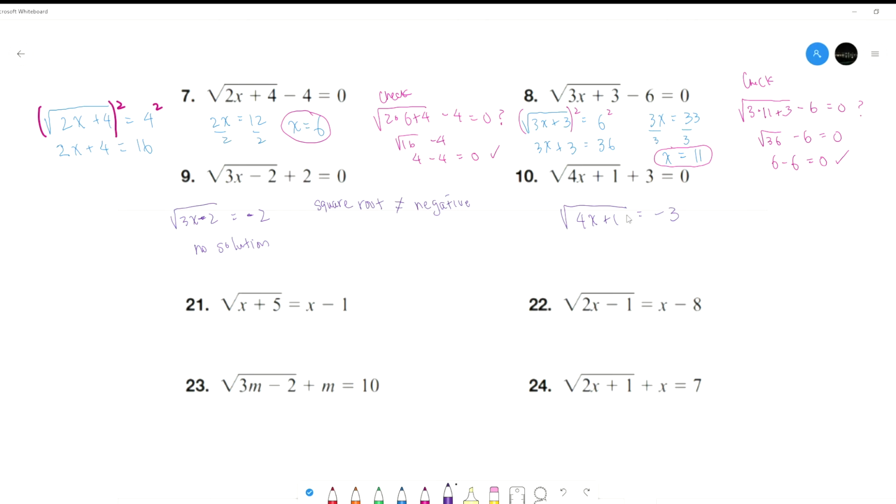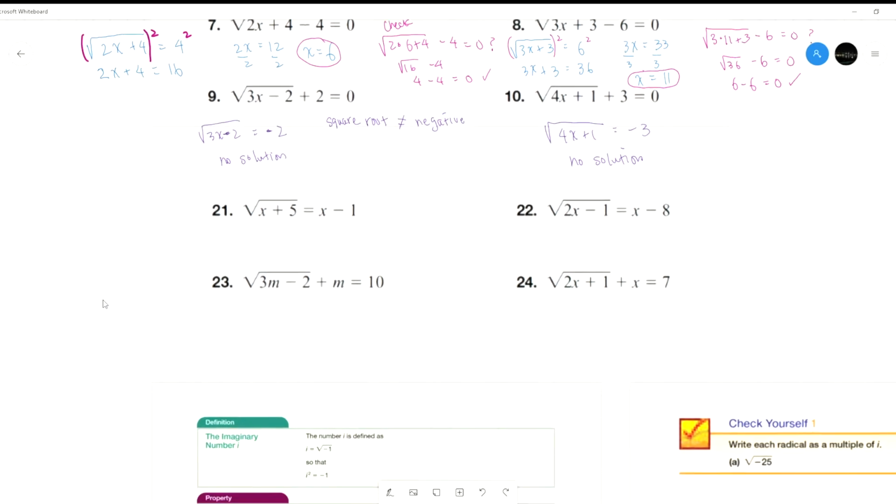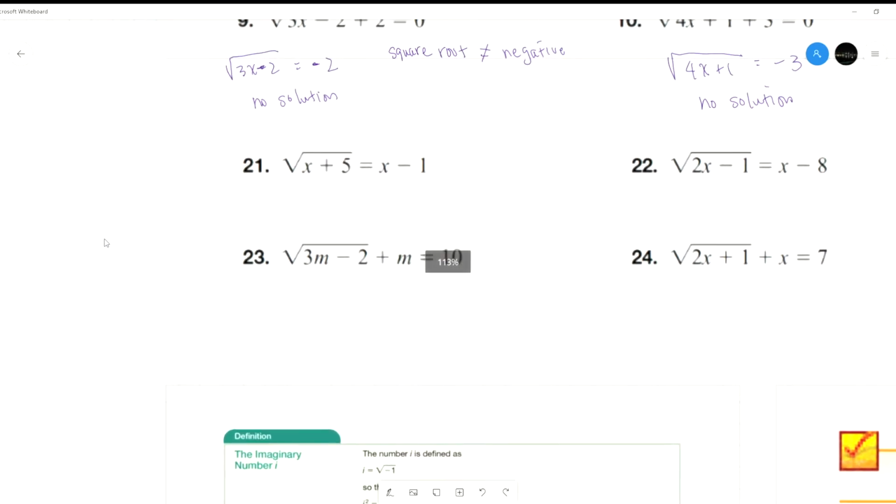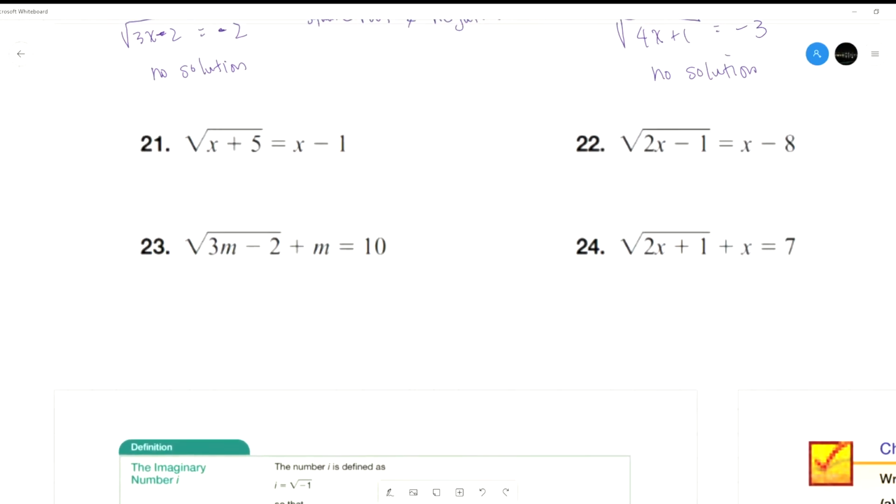A square root cannot be a negative, therefore no solution. Okay? All right, I hope you got those. Let me zoom in over here. Let's try the next problem.